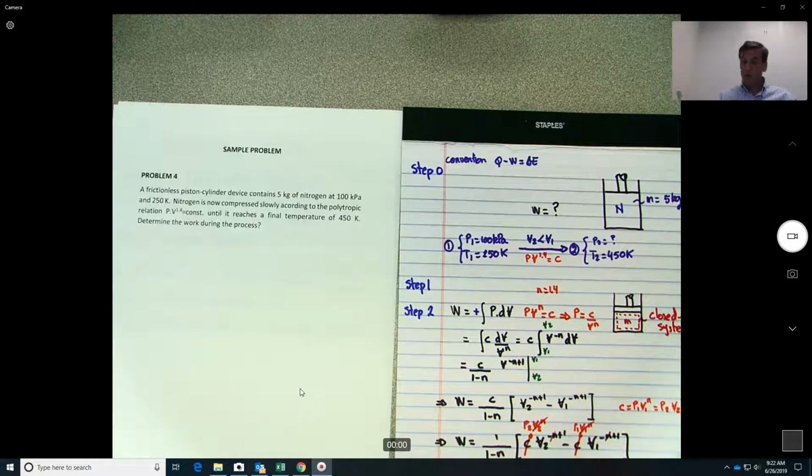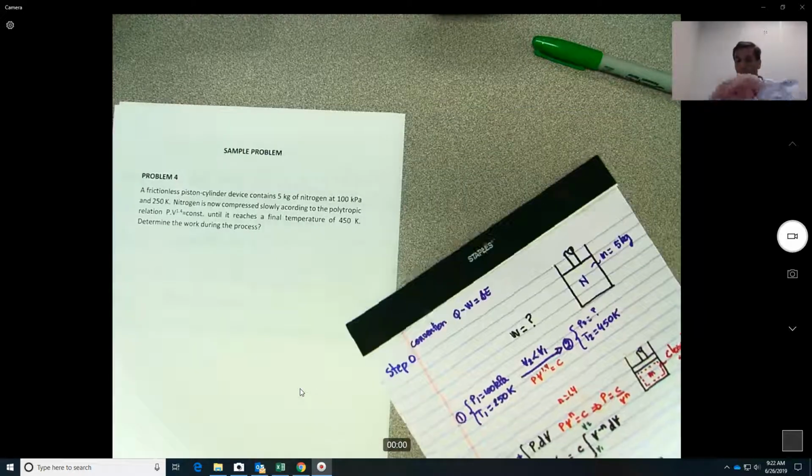But we don't know P2, V2 or V1. Okay, but let's try to find P2 right away. So basically we need to go to step 3.